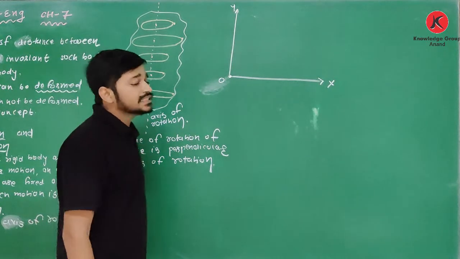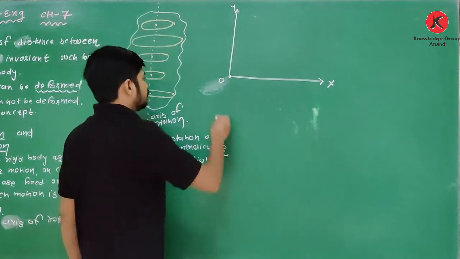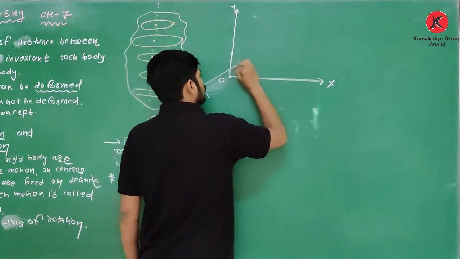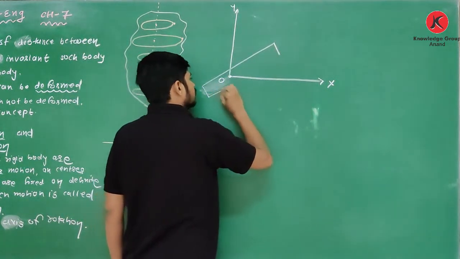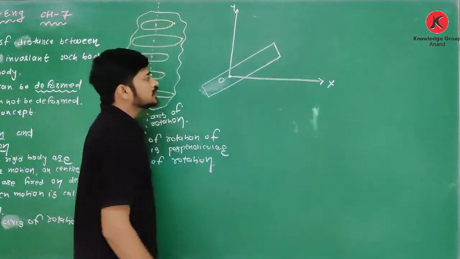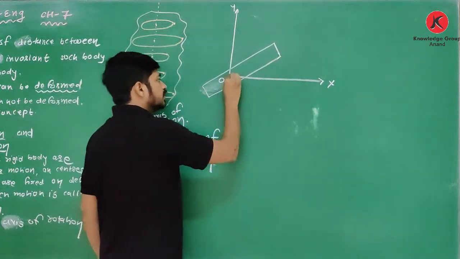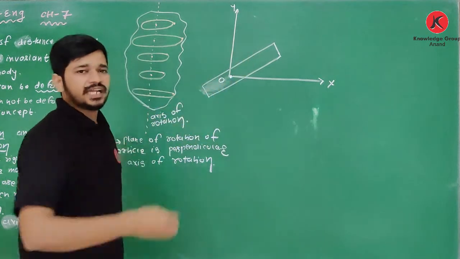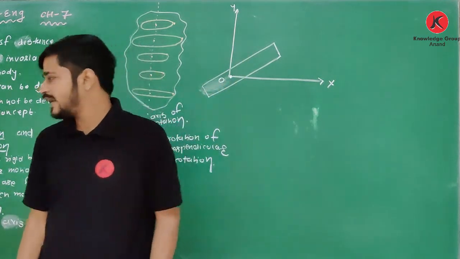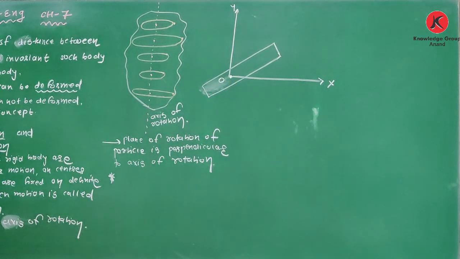Okay. And I am assuming one object, for example, one rigid body, which is performing rotational motion about this OZ axis. About this OZ axis means it is like this.